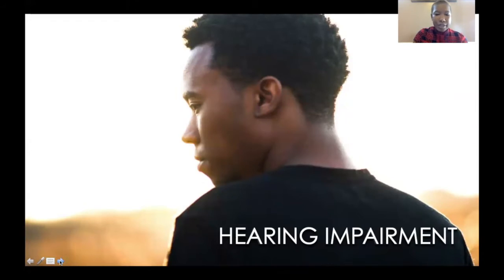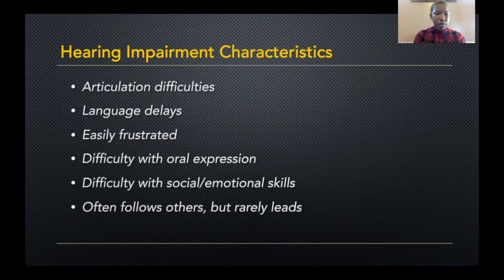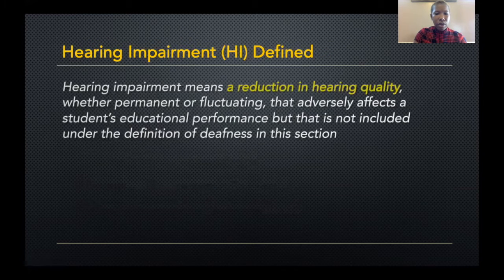Hearing impairment. This means a reduction in hearing quality, whether permanent or fluctuating, and it adversely affects a student's educational performance. That is not included under the definition of deafness in this section.